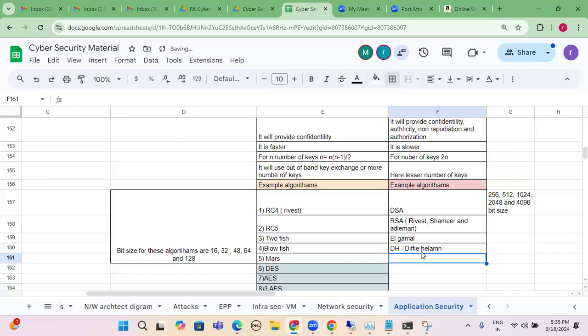Next one is ECC, elliptic curve cryptography. Finally, Knapsack. K is a silent letter.